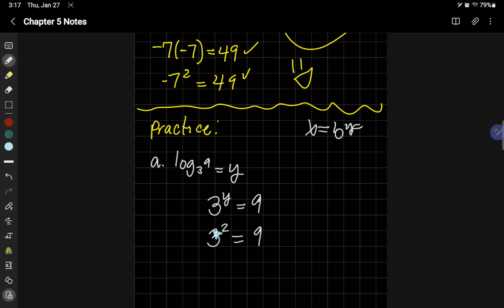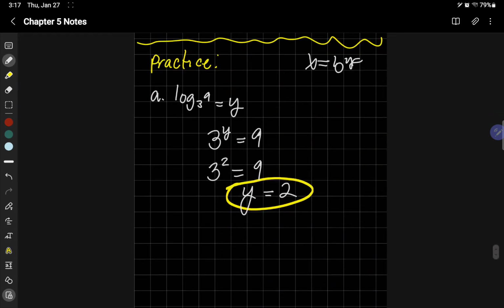Because 3 going 2 times is 9. So that means y... Oh, shut up. Oh, my bad. Google be popping up out of nowhere. So it's y equals 2. That's the answer.